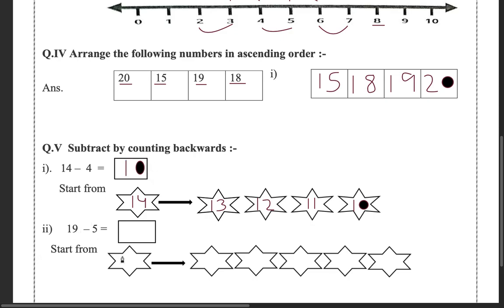Next is 19 minus 5. So we will write backward counting. This is number 19. 19 से पहले क्या आता है? 18, 17, 16, 15 and number 14.